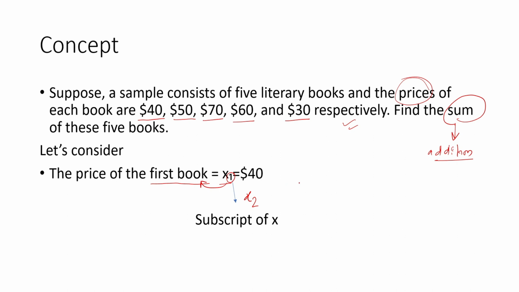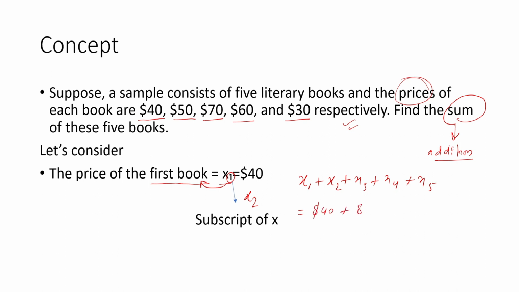So there are altogether 5 books. Then we simply have x1, x2, x3, x4 and x5.